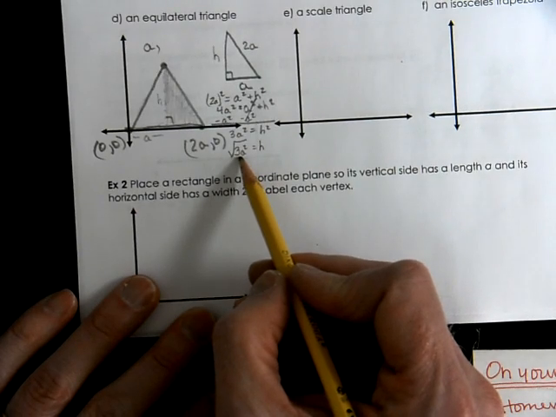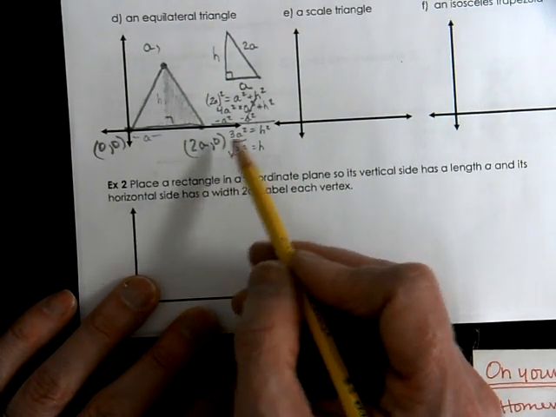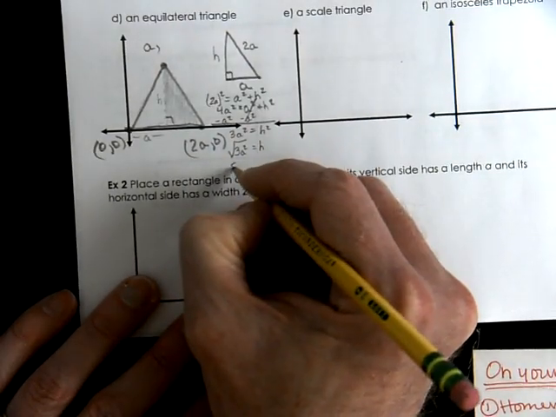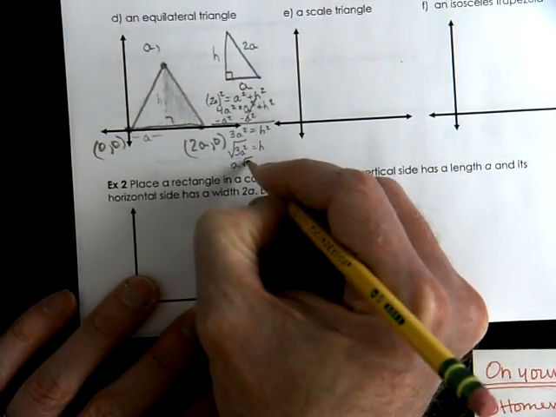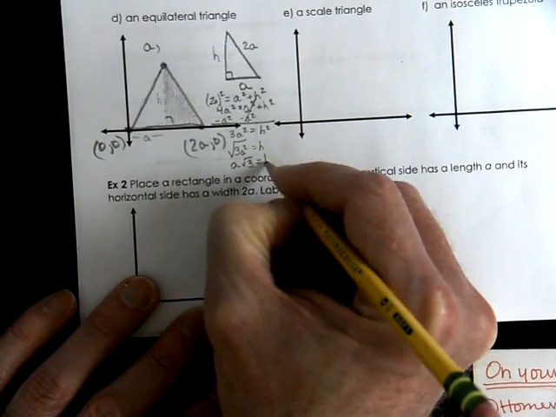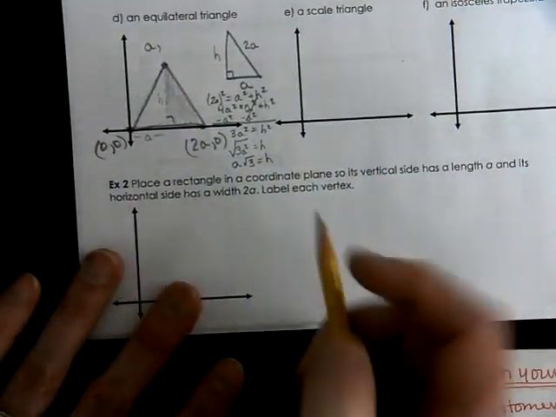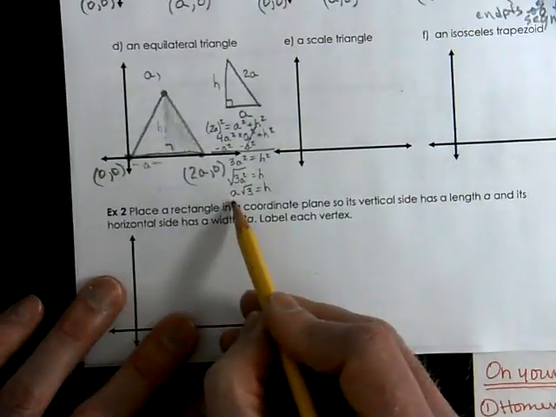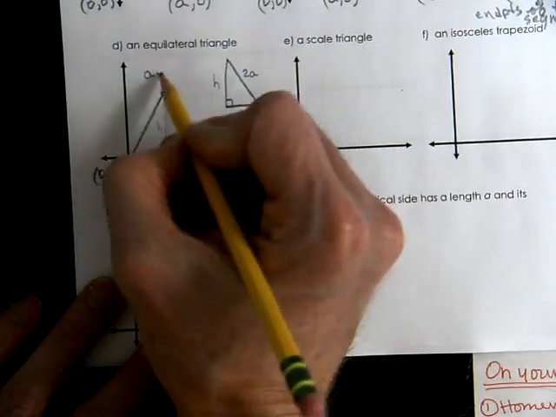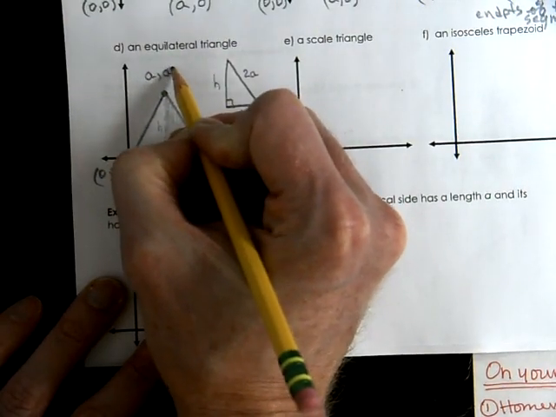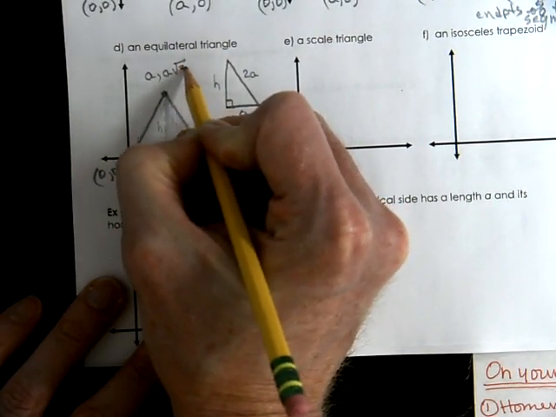What times what makes a squared? A times a makes a squared. So you can take the square root of a squared. So we have a root 3. So that's what that height is: a root 3. So this has to be a square root of 3.